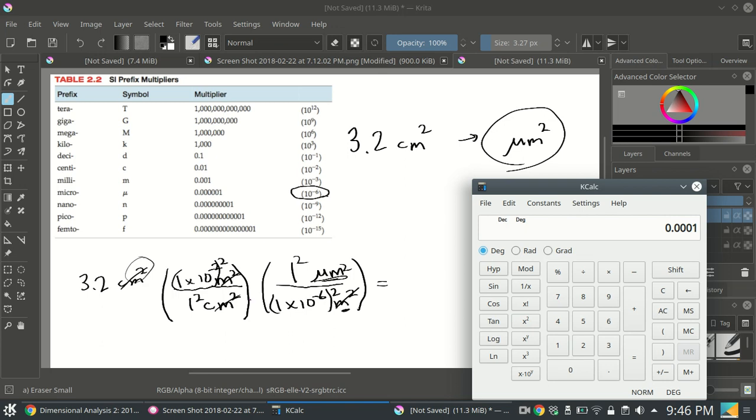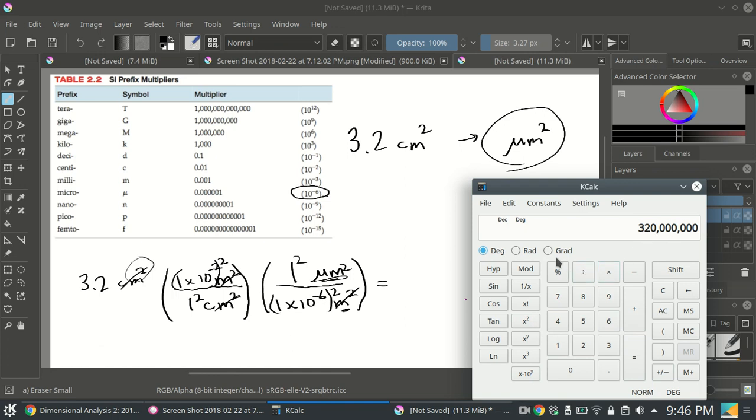It's just identity, so that's okay. Times 1, identity, that's okay. Divided by, this is on the bottom, so it's divide. Divided by 1 times 10 to the negative 6, squared. Okay? And then the equal sign. So this is 320 million.